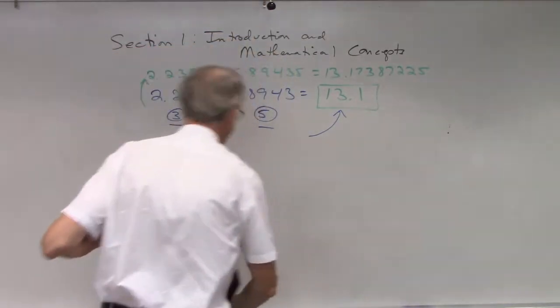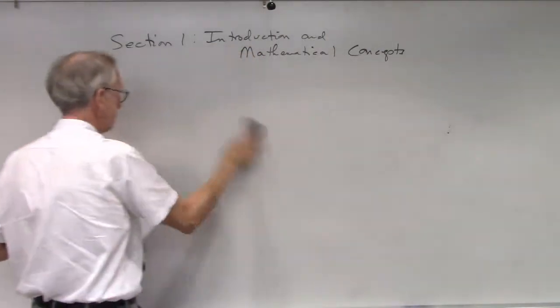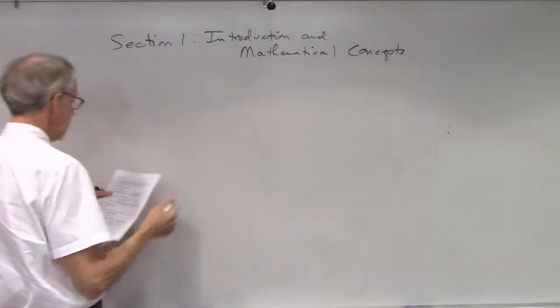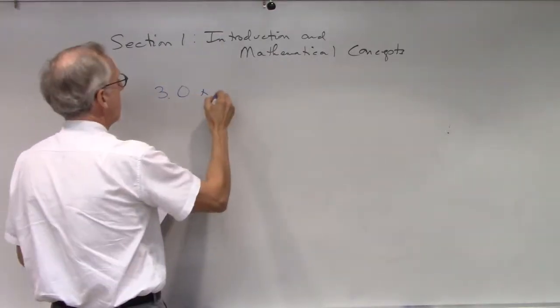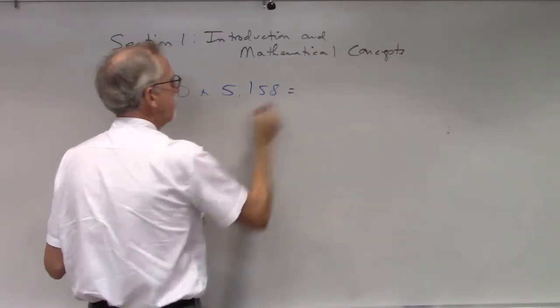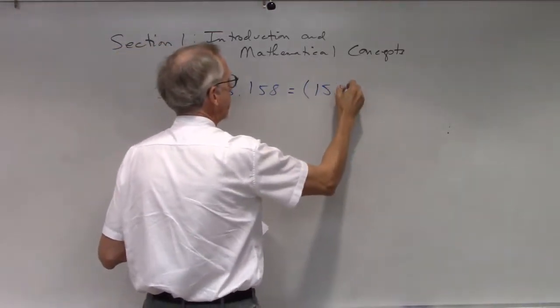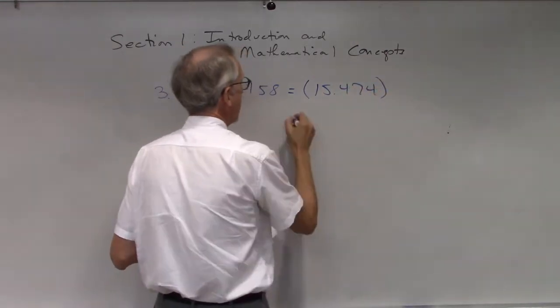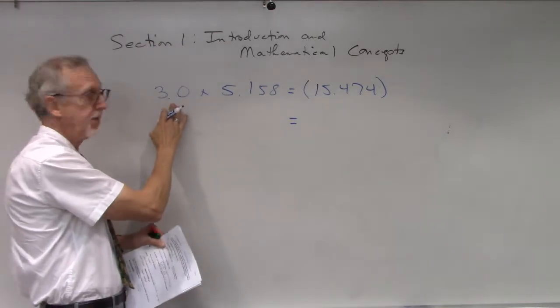Let's try another one. Let's say we take 3.0 times 5.158. If you do that on your calculator, what you'll get is 15.474. So, what will we quote as our answer? How many sig figs do we have here?